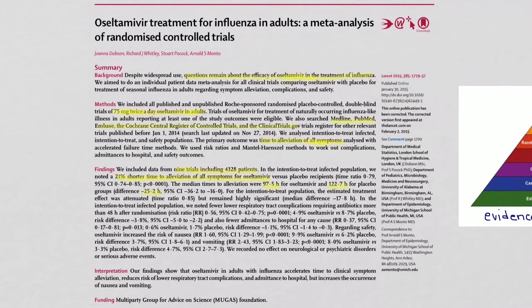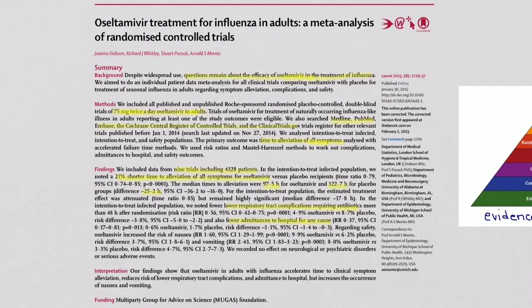And they also looked at complications to see were there more complications in the patients that got Tamiflu, because that would obviously be a downside of using Tamiflu. So they found fewer respiratory tract complications that required antibiotics in patients that were given Tamiflu, and fewer admittances to the hospital.